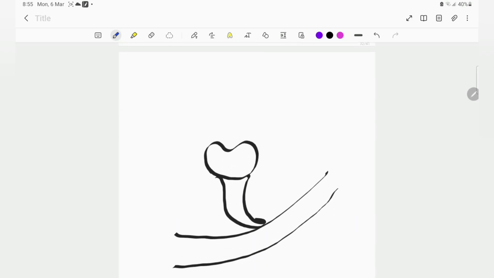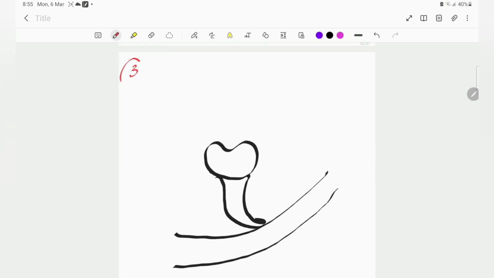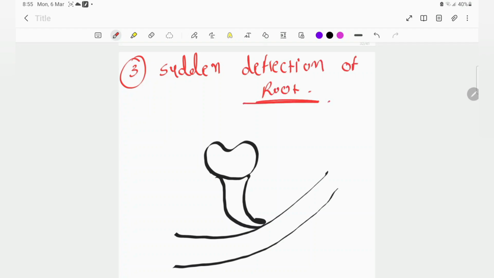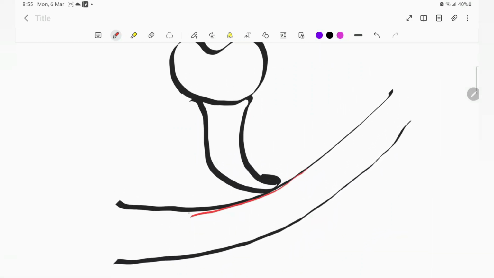Now we will move towards the third category. What is the third category? The third category is sudden deflection, or we can say bend of root. In this case we can see the inferior alveolar canal is passing and just above it the root is suddenly bent.